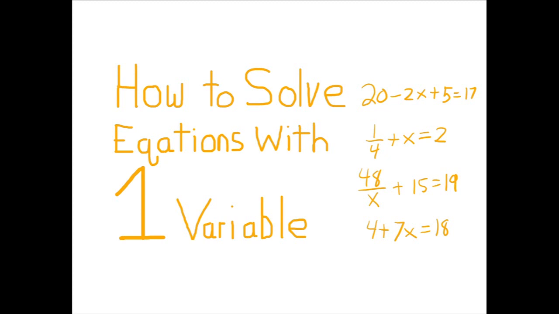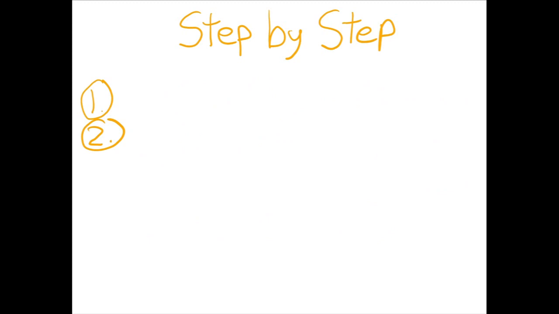So we're going to start with the steps of how to do them. When you get an equation that has one variable in it, it can look like anything. So in this case, let's look at 42 divided by x times 3 equals 21. We'll work with that.